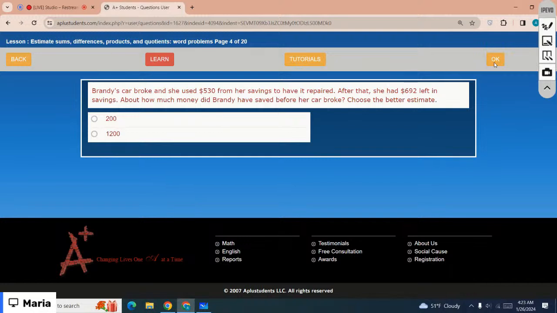So, which is the correct option? Yes, the correct option is 1200.